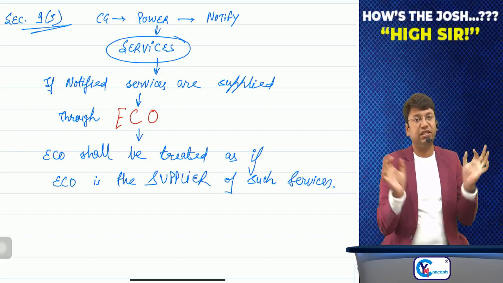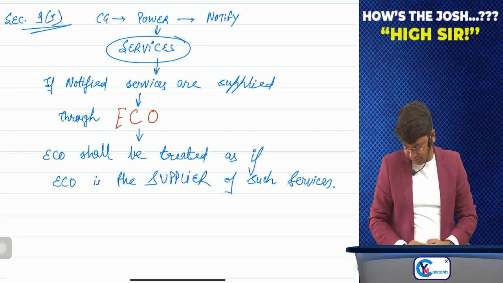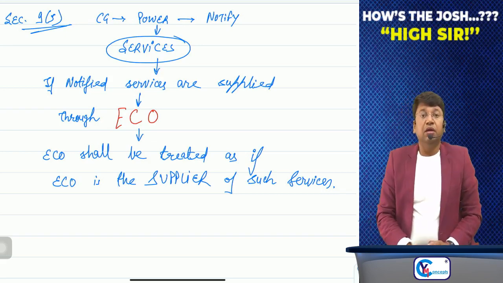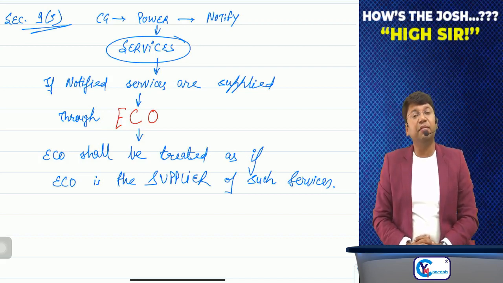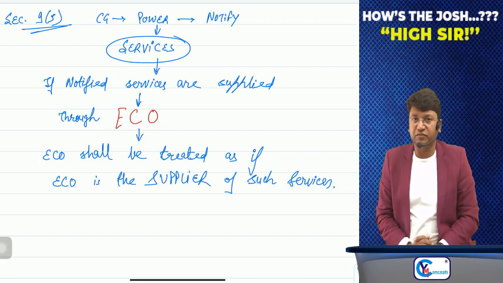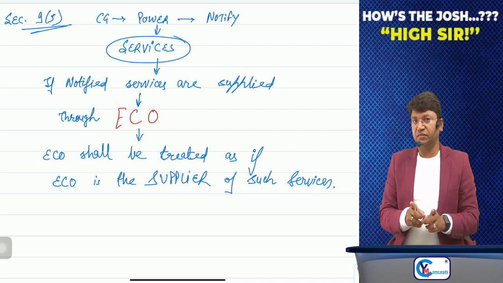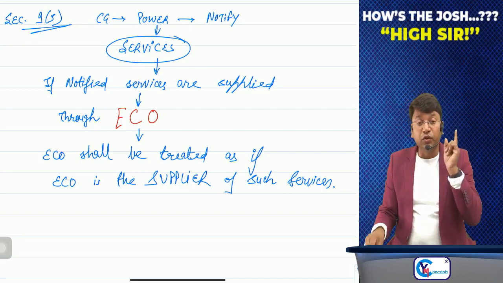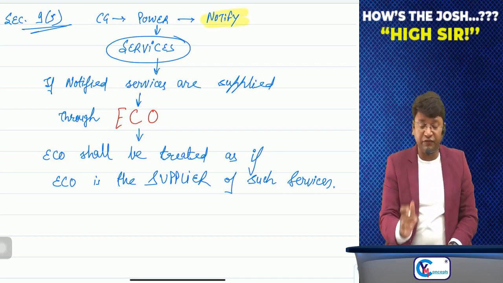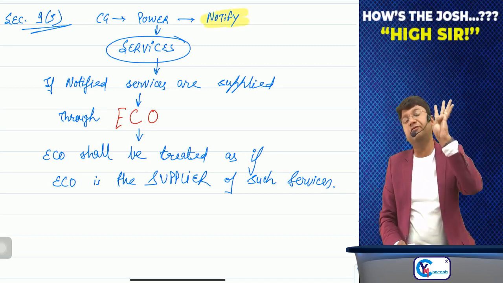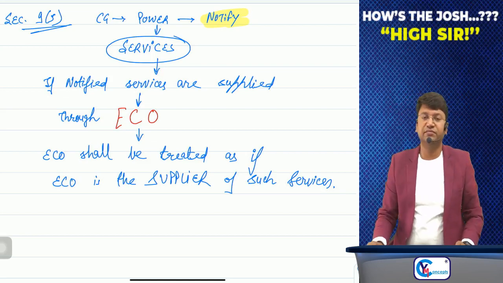Section number 9 subsection 5. I repeat, section number 9, subsection 5 says that government has the power to notify certain services, only services. And in case of those notified category of services, not all services, only notified category of services, and at present only 4 category of services are notified here.